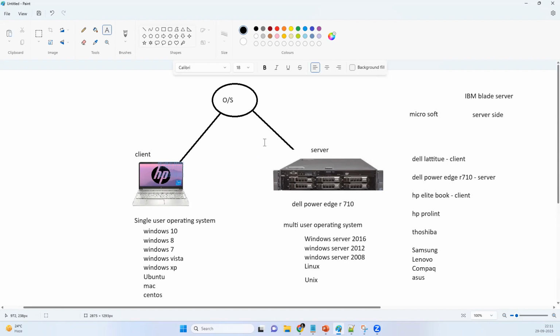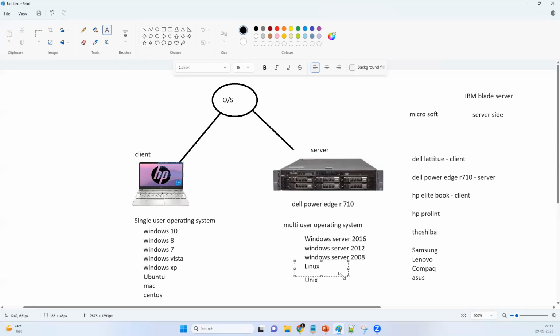So whoever designed the OSs created two types of OSs, and hardware companies also created two types of hardware. One is for the client and one is for the server.